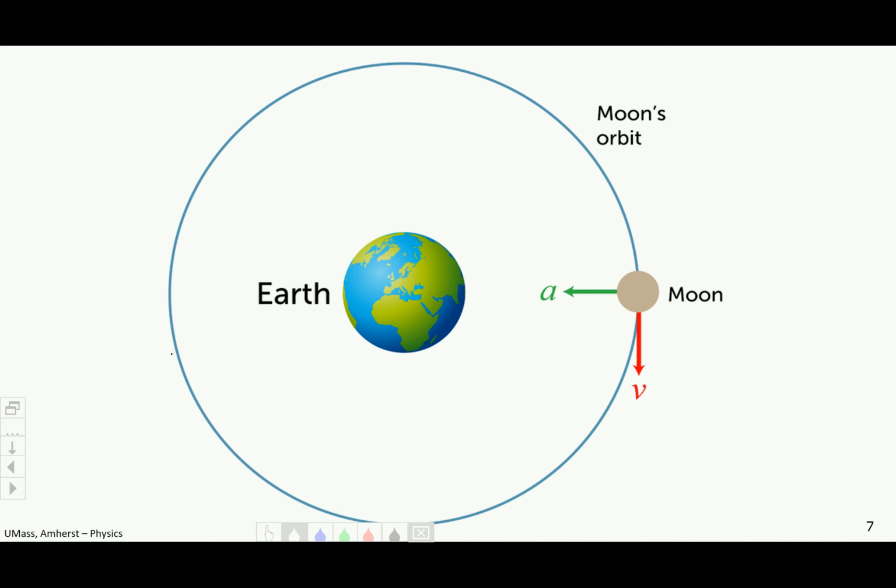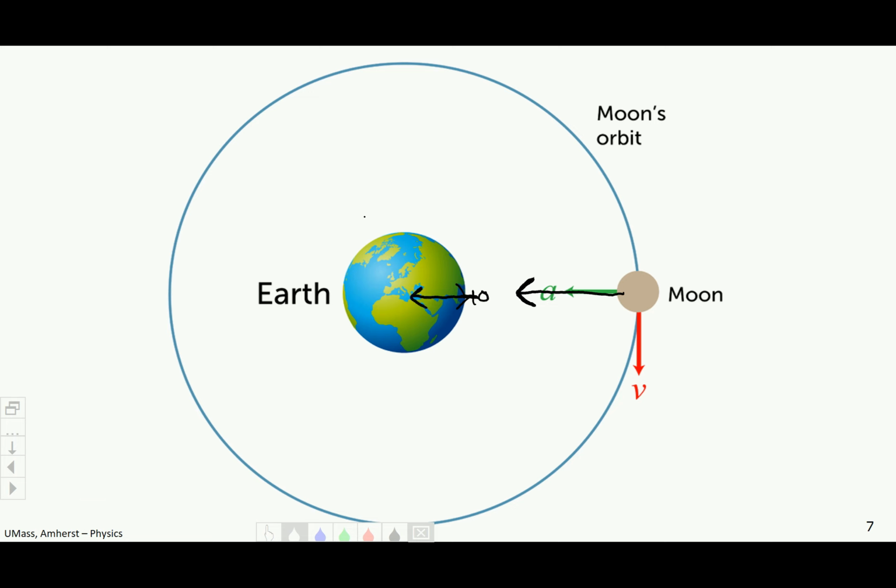Well, let's look at the moon's orbit. We know that the moon follows a semi-circular, or very close to circular, orbit around the Earth. And we know that the acceleration or the force from the Earth has to be pointing towards it, because if we have a person standing here, we have always drawn our force vectors of the force of gravity straight down.